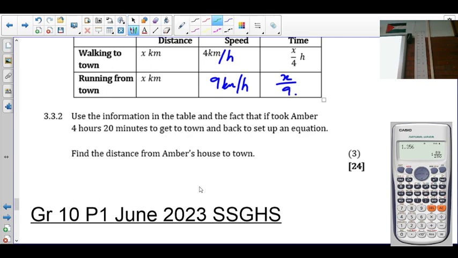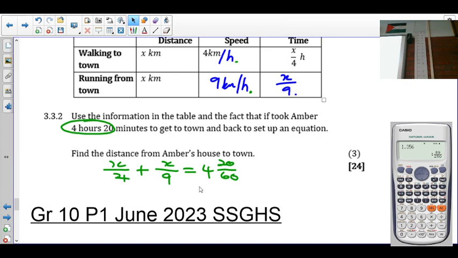If she takes in total 4 hours 20 minutes to get from home to town and back, I must take the time that she walks from home to town plus the time from town to home. That gives me a total of 4 hours and 20 minutes. And remember, we're working in terms of hours, as this is kilometers per hour. Can you see that? That is why I converted that 20 minutes to hours.